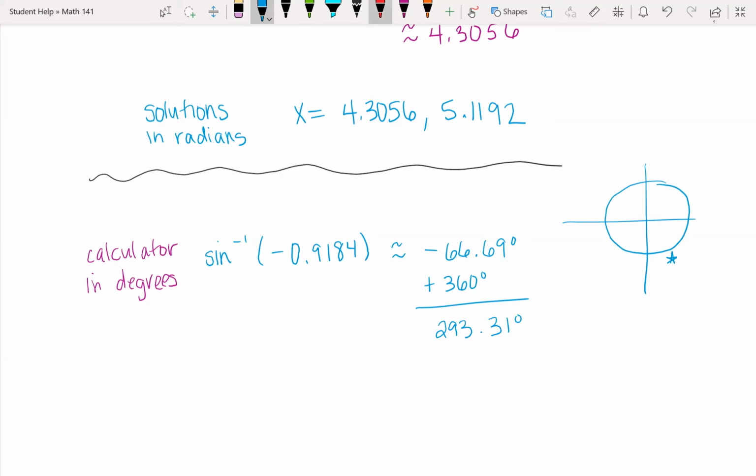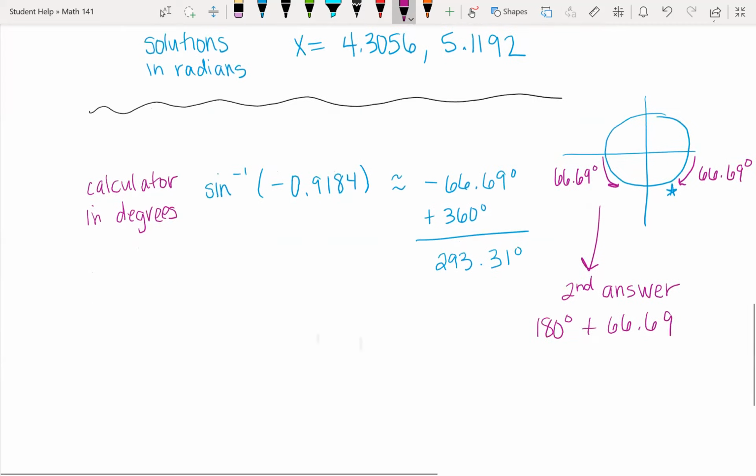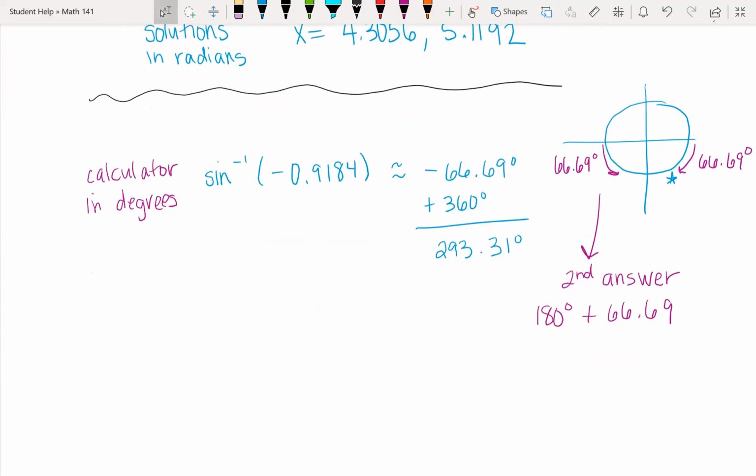Now this distance here is 66.69, and so we're going to go this way, 66.69 degrees to get our second answer. So our second answer is 180 degrees plus 66.69 degrees, which is 246.69.